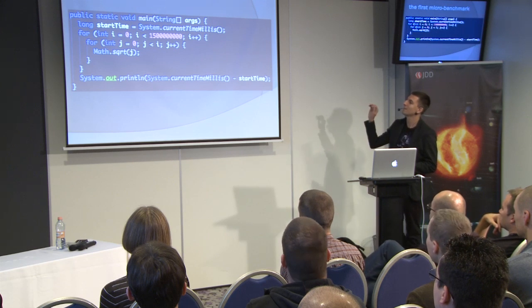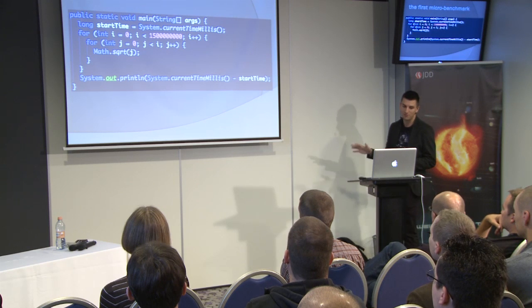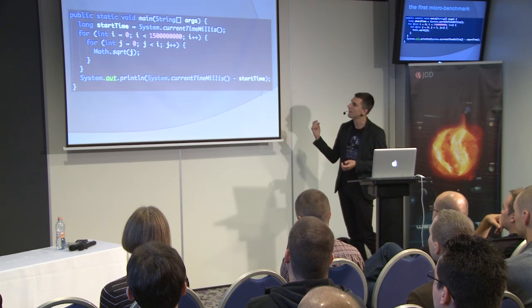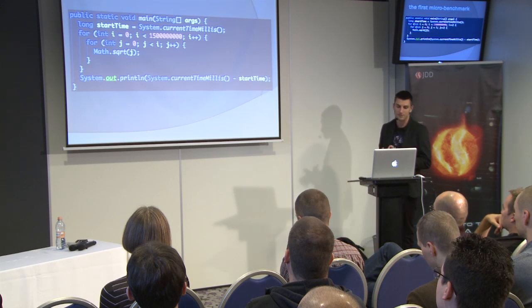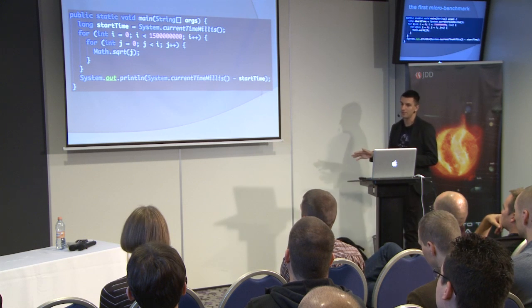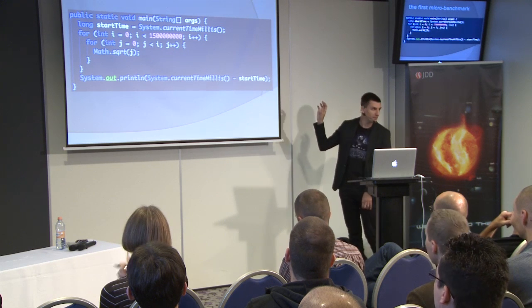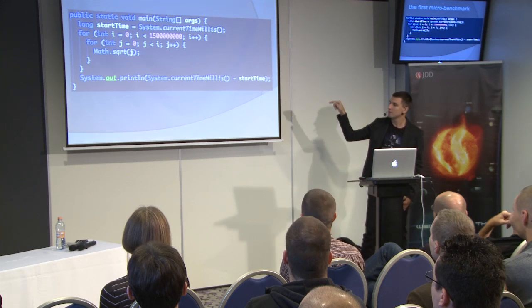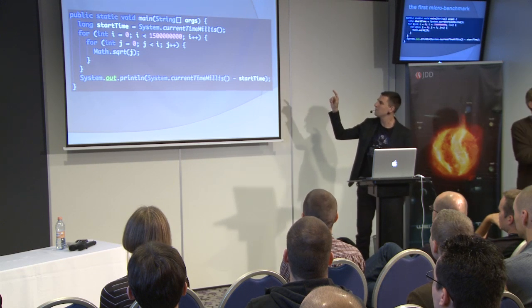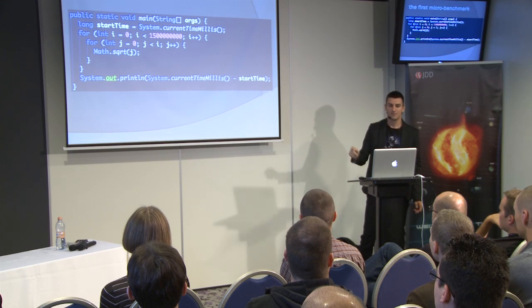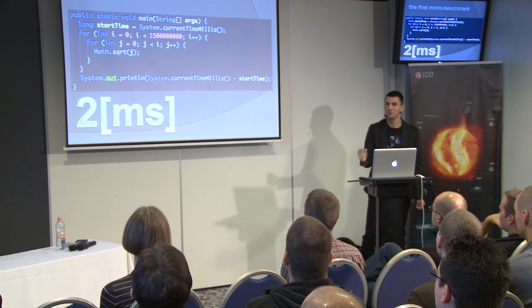That's a very simple example of a microbenchmark. The core of this snippet is 2 loops, and in the inner loop we are computing the square root for some index. And what do you think? How long does it take to execute this code? It's over 1 billion iterations just in the outer loop. So, not so fast? 2 milliseconds.